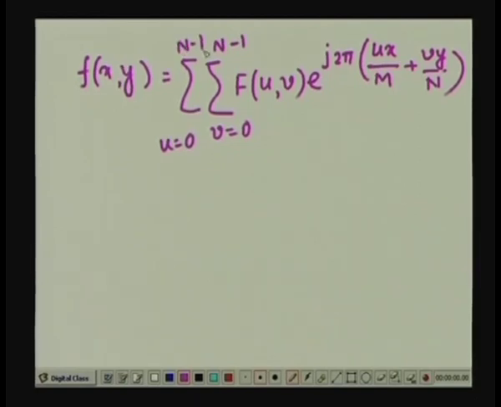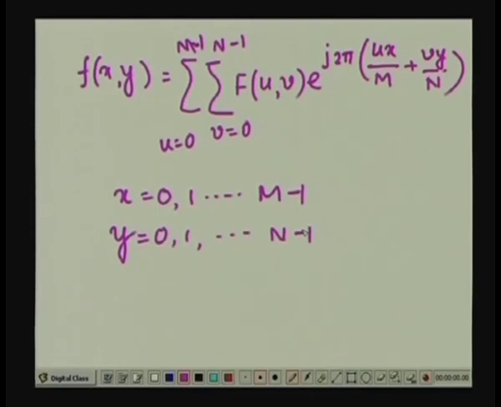So, the frequency variable v varies from 0 to capital N minus 1 and u varies from 0 to capital M minus 1. And obviously, this will give you back the digital image f(x,y), the discrete image, where x will now vary from 0 to capital M minus 1 and y will now vary from 0 to capital N minus 1.